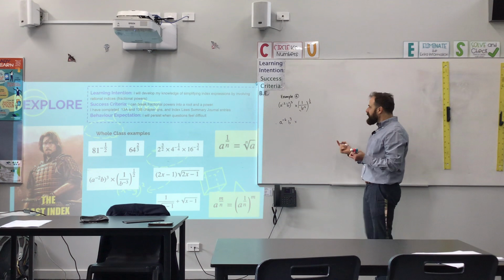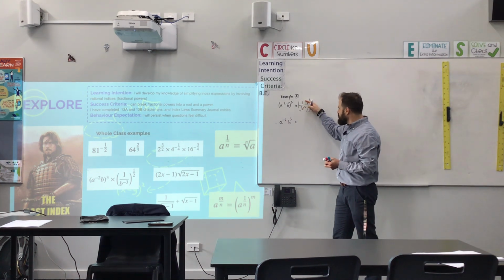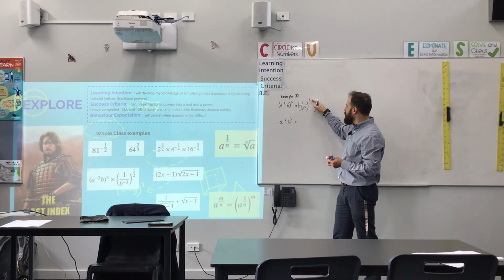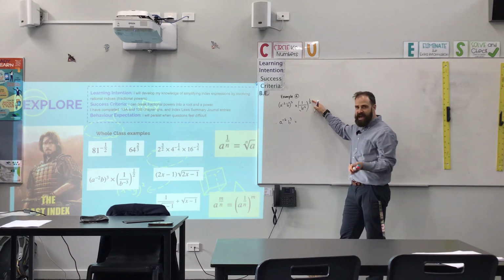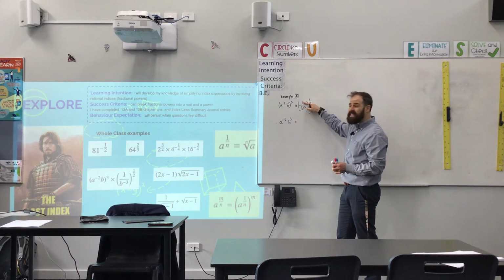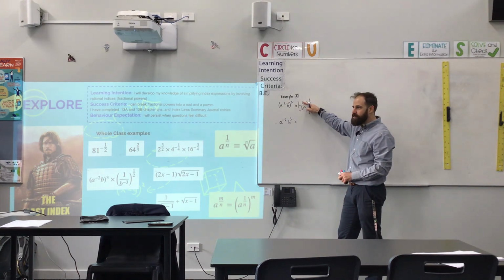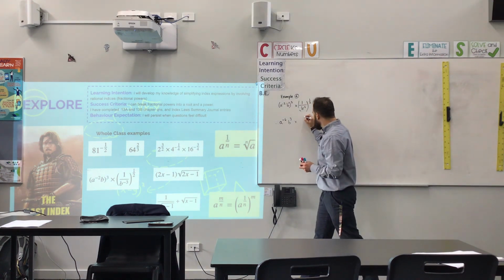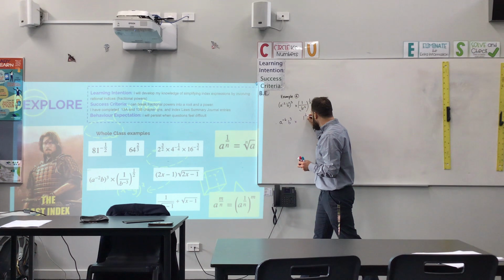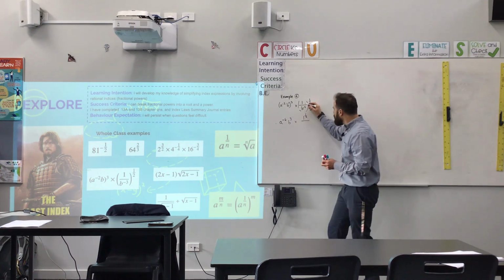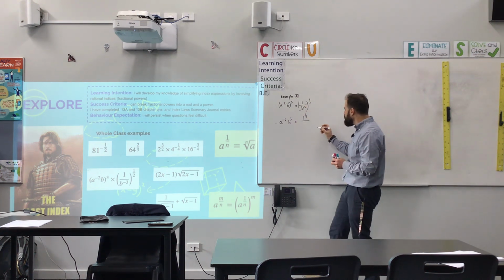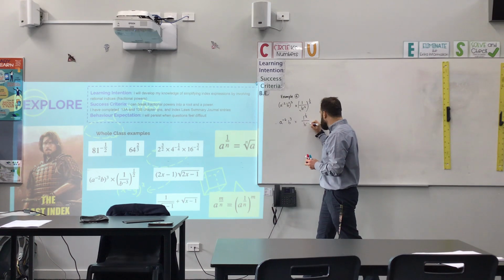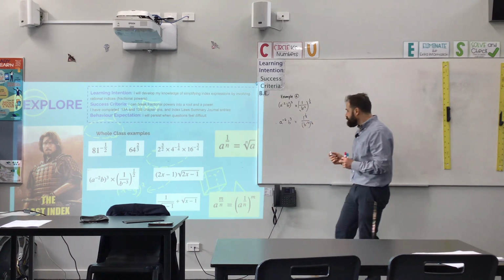Okay, then we get our fractional powers. Everything inside this bracket has to go to the power on the outside. There are shortcuts and tricks. I can ignore the 1 on the top because 1 to the power of anything is always 1. But just so that we don't overlook that, I'm going to write it down. I need 1 to the power of a half and b to the power of -3 to the power of a half.